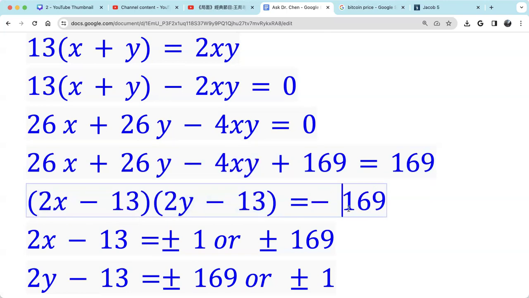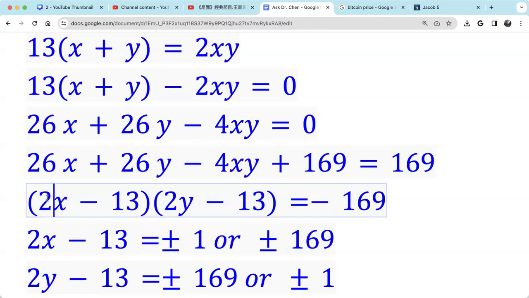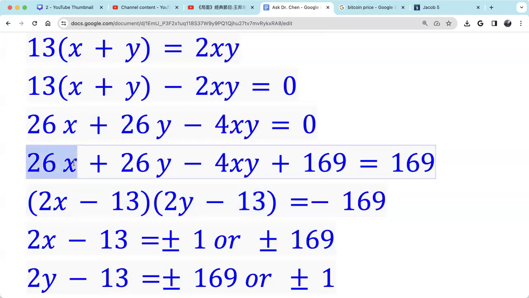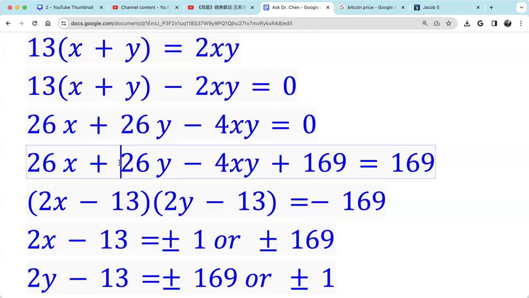Now, negative 169, right? Because negative 4xy becomes positive now. And 2x times negative 13, that's negative 26x. Negative 13 times 2y, that's negative 26y. But it was 26y positive before. So it just multiplies negative 1 on both sides.